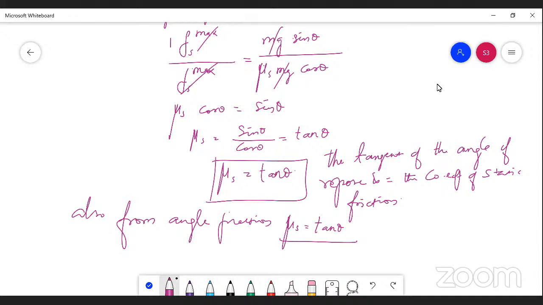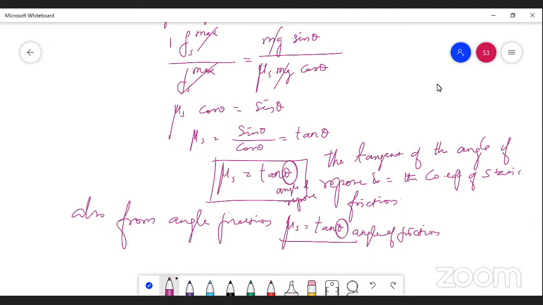Now, my question is, what is the difference between angle of friction and angle of repose? Here I am saying this theta is angle of repose, and this theta is angle of friction.